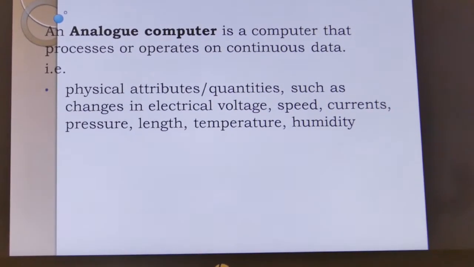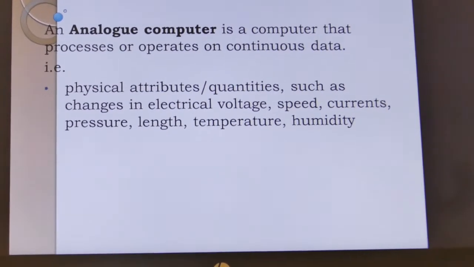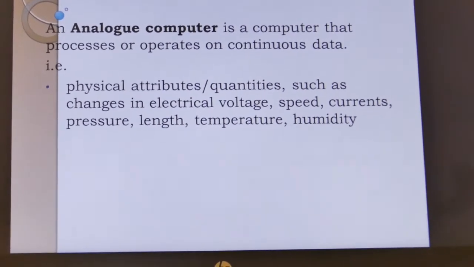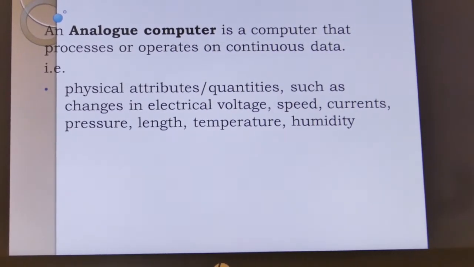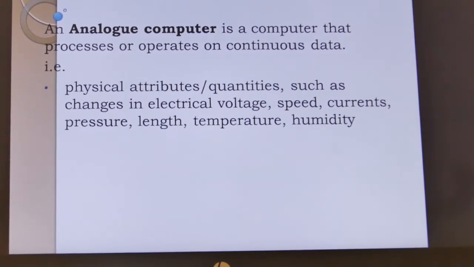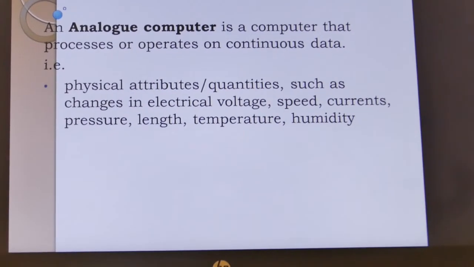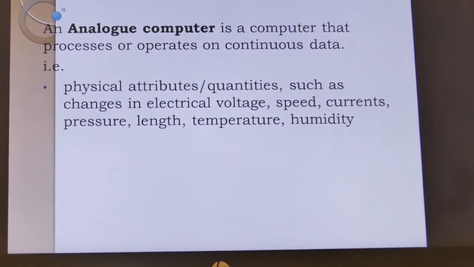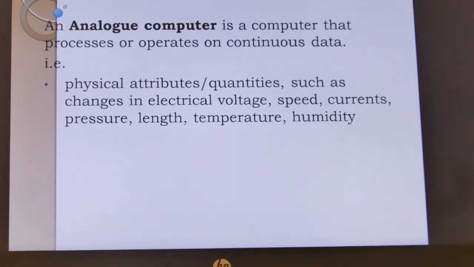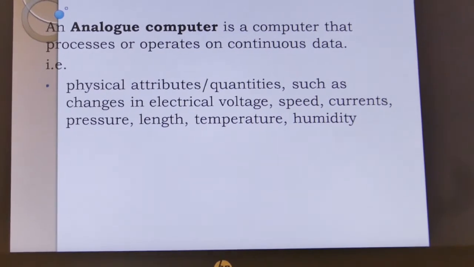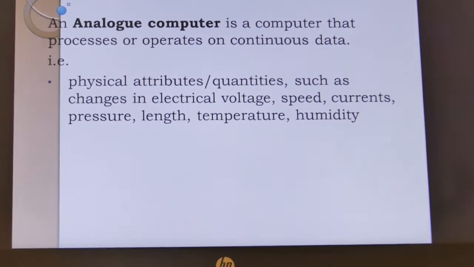Then analog computers. This one processes continuous data. Examples of continuous data are things like electrical voltage, speed, currents, pressure, length, temperature, and maybe humidity.